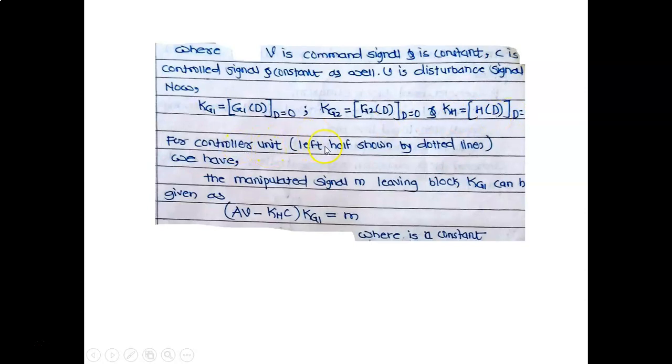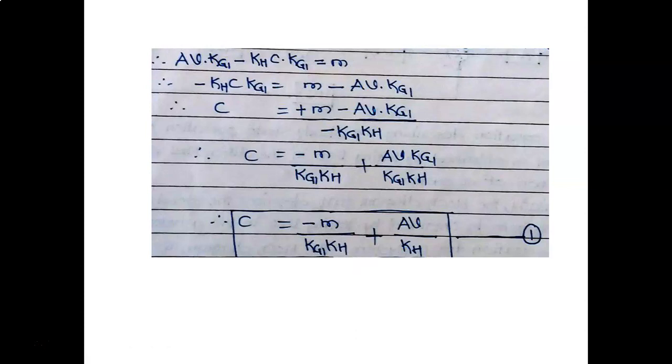For controller unit, left half shown by dotted lines, we have the manipulated signal M leaving block Kg1 can be given as AV minus KHC into Kg1 is equal to M, where A is a constant, M is a constant. Therefore AV into Kg1 minus KHC into Kg1 is equal to M. Therefore minus KHC into Kg1 is equal to M minus AV into Kg1.